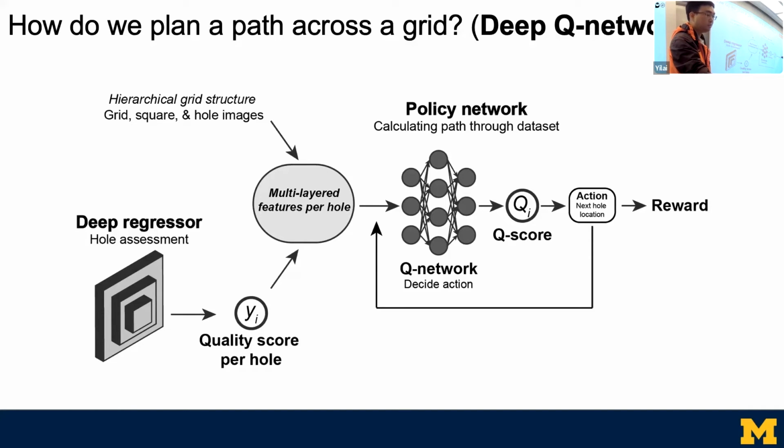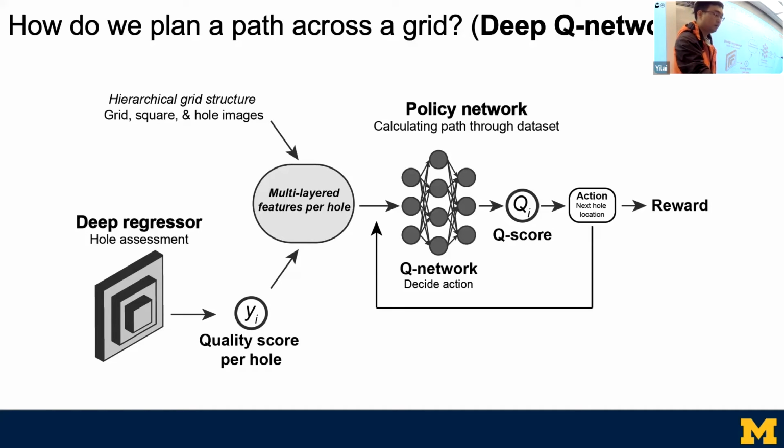This deep Q network will output a Q score, and based on the Q score, it'll determine an action, which is where the algorithm thinks it should collect the data from. This action will change the state, basically change the input of the Q network, and then it'll predict another action.